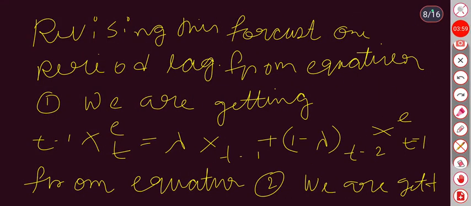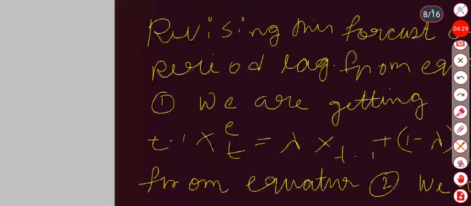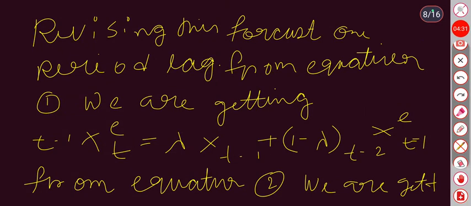Revising this forecast one period lag from equation 1, we are getting that expected value of current period depends upon previous period, that means t minus 1, is equal to actual value of t minus 1th period plus expected value of t minus 2th period.